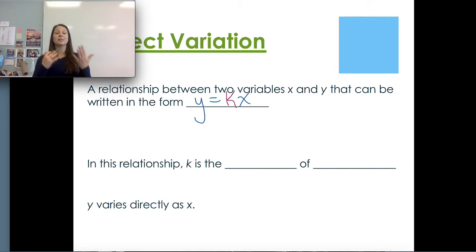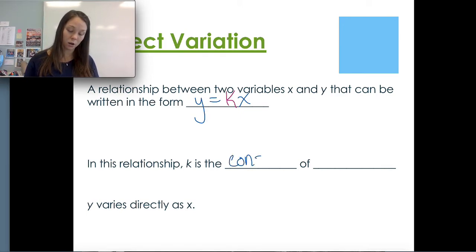That is exactly the setup we had in our warm-up, y equals 3x, where the y value equals 3 times the x variable. So there's a direct relationship between x and y. In this relationship, k is called the constant of variation. In other words, that's your slope.